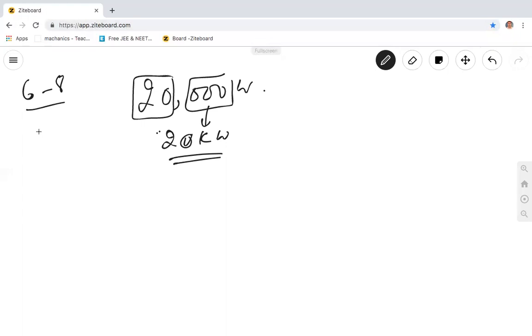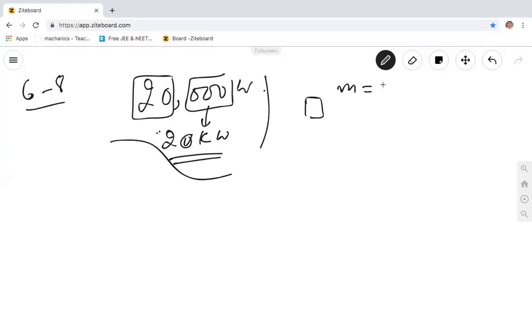He says an object, he has written a long statement, but I want to put it in a very simplified manner. He says there's an object.